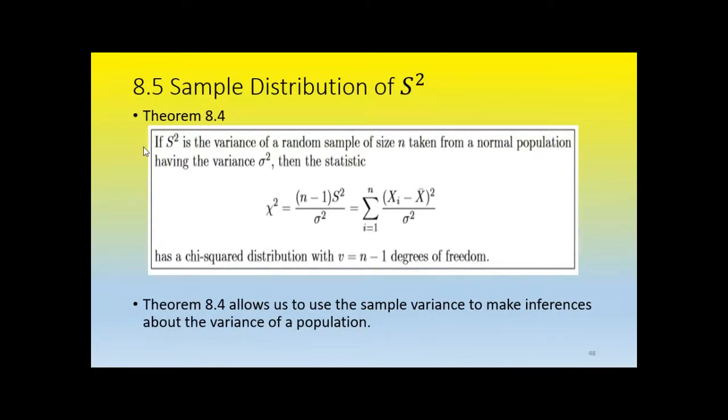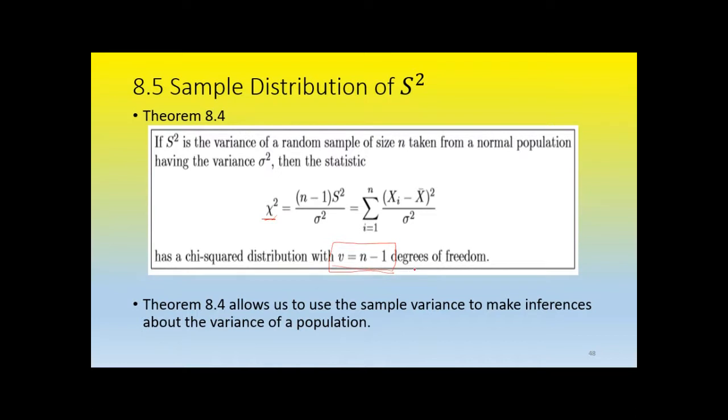The sampling distribution of the variance. If S square is the variance of a random sample of size n taken from a normal population having the variance sigma square, then the statistic has a chi-square distribution, a new distribution we are going to see, with degrees of freedom.